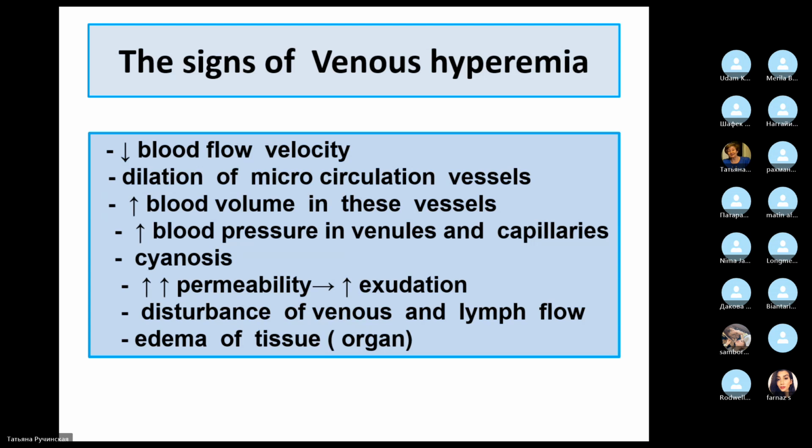Carbonic acid dissociates quickly to hydrogen ions plus bicarbonate. Bicarbonate shifts from the erythrocyte to the blood, because bicarbonate is the main buffer in our blood. In the erythrocyte stay hydrogen ions.